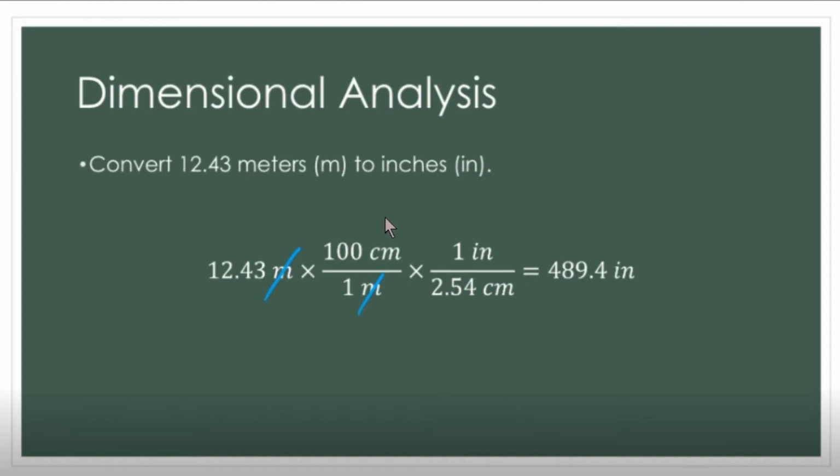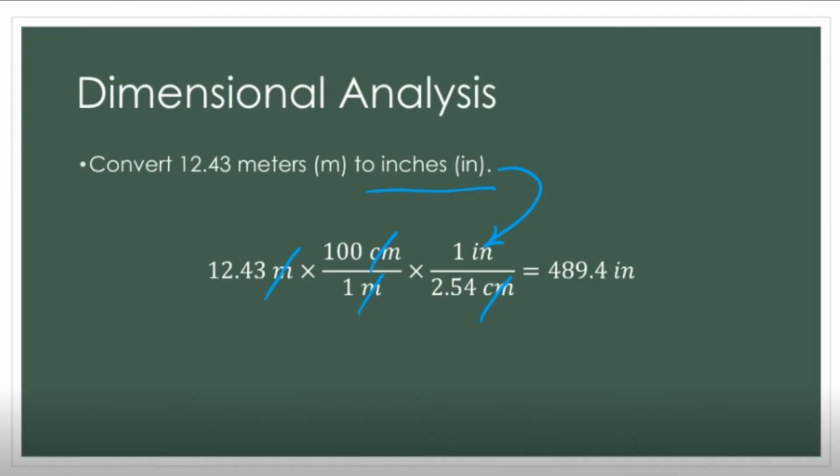Earlier, we mentioned that 1 inch is equal to 2.54 centimeters. This factor is written in such a way that the centimeters is at the denominator of this factor, and that allows us to cancel the centimeters from the earlier factor. The only unit remaining in our conversion is inches, which is what we want.